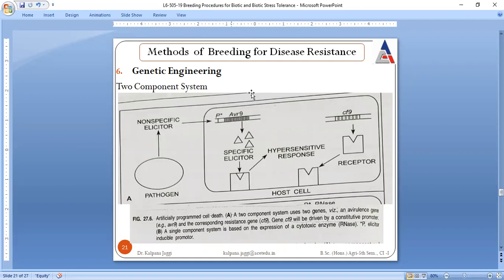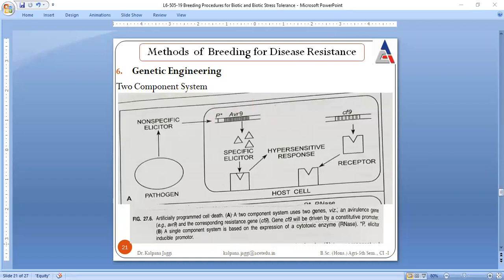I cannot say that if this is promoter P, another promoter can activate it. It is to be activated by this only. It cannot get activated by this. So in short, there must be a particular promoter for the activation of the transgene, right?